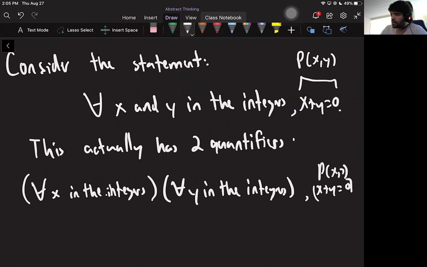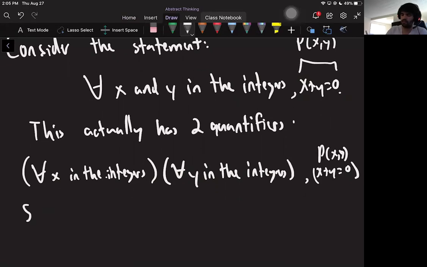So I'll write that in parentheses too, even though we don't need to. Sorry, that looks like a weird parentheses. How about like that? There we go. So we can think about it as a statement with two quantifiers, and it's two universal quantifiers.